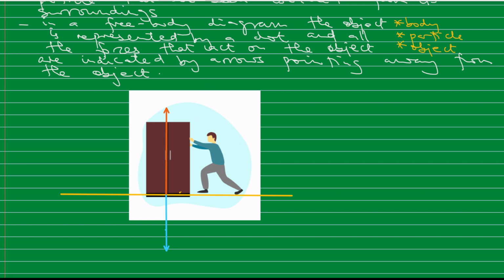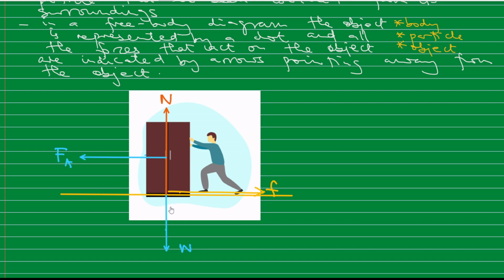Let's say we have the frictional force, and we have the applied force. We have the weight, we have the frictional force, we have the applied force, and we have the normal force. So these are the forces that we have in this diagram.